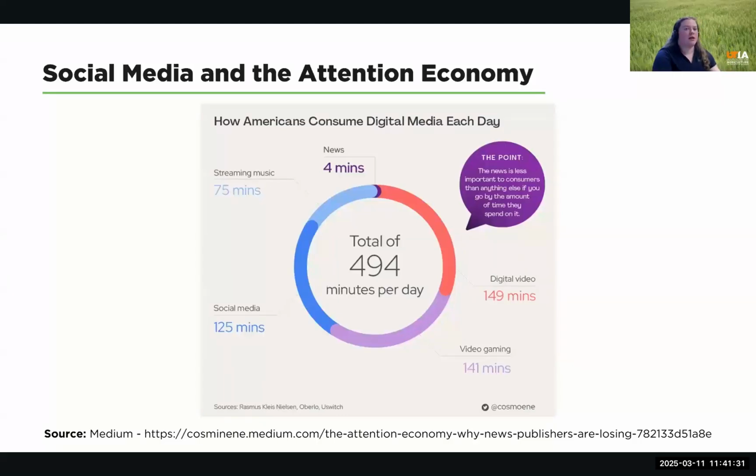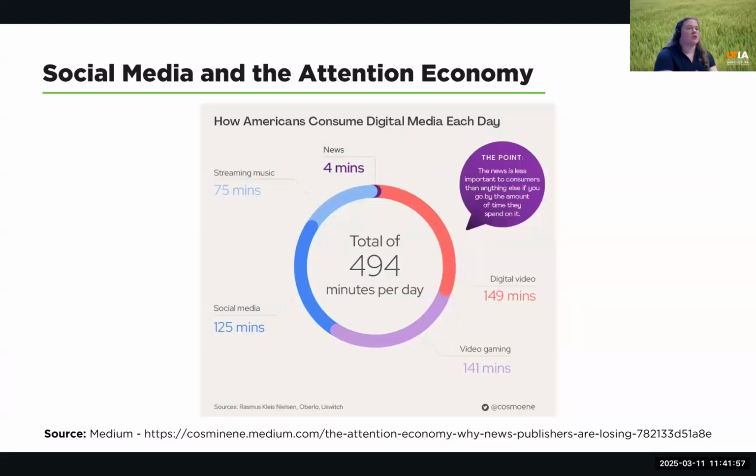Knowing that the social media content you post for your farm business or for your brand has to cut through all that other noise on social media, how important do you think it is for your social media content to be visually appealing with clear messaging?